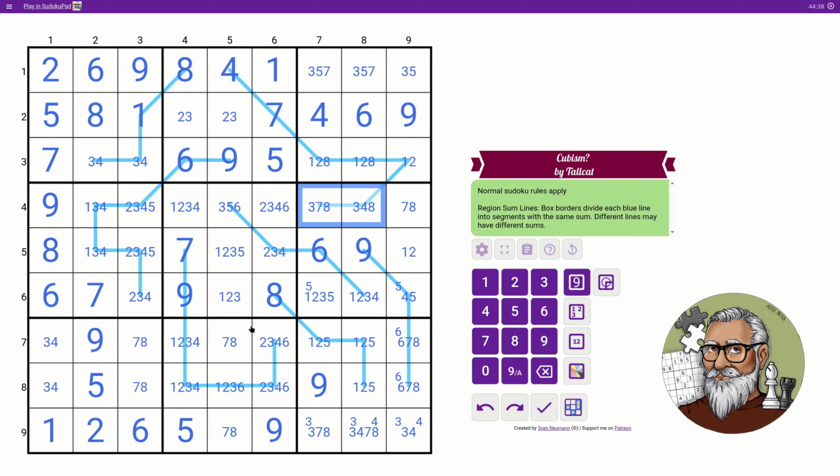Brilliant. What's the other combination that I'm not seeing? It doesn't matter. There's 8 in both, right? If this is 3, 8.